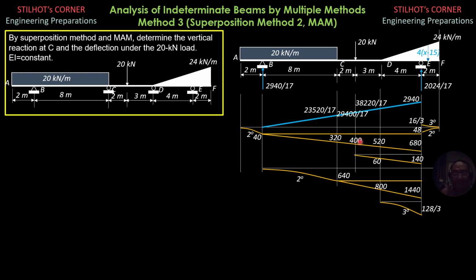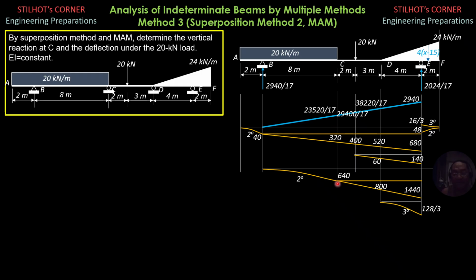Then for the moment of this loading, 20 times 7, so that's why you have 140 here. Now for this remaining loading, 20 times 8 times 4, second degree, is 640. So we imagine again there is a concentrated load here of 20 times 8, 160, and a couple of 640. So that's why it's extended there, moment diagram by parts.